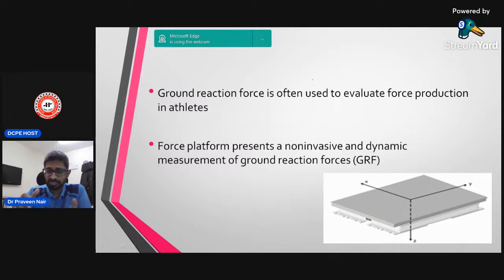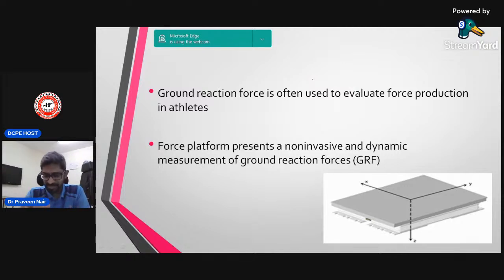Ground reaction force is based on Newton's third law: you push the ground, and the ground pushes you back with the same force. It presents a non-invasive and dynamic way to measure the ground reaction force.